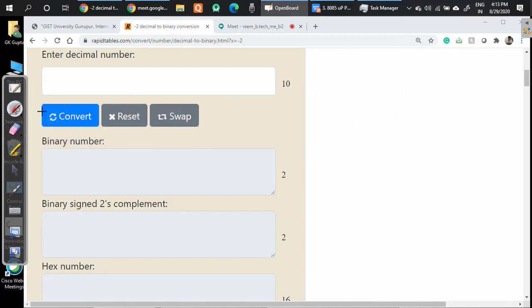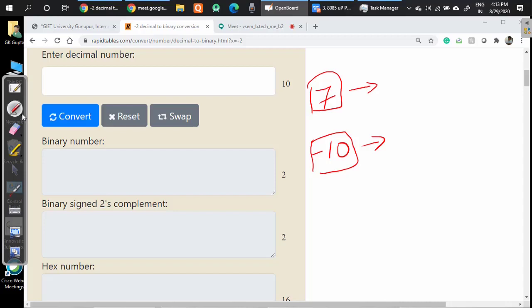Suppose I am taking two numbers, let one be 7 and one more number, let it be -10. The way these numbers are stored in the microprocessor is completely different. To store a positive number and to store a negative number, the microprocessor takes different steps for each of them.